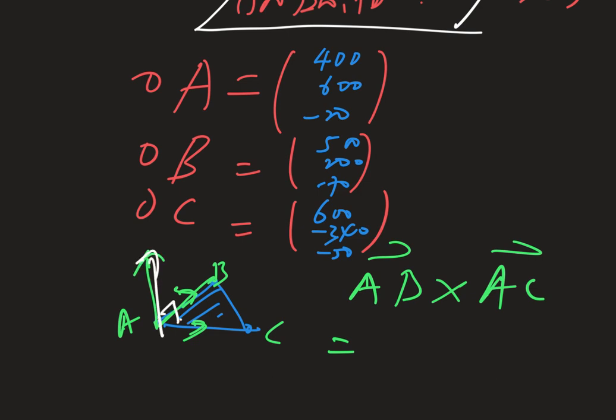Then n dot OA or OC, whichever you choose. When the normal is dotted with a direction vector, what you get is cosine theta with the magnitude.